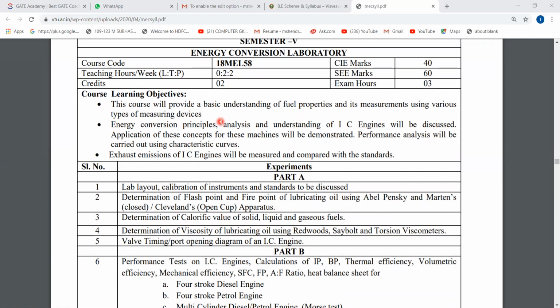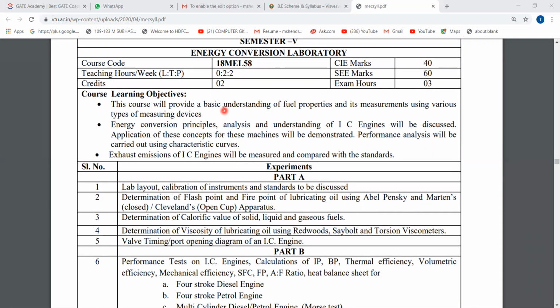Say for example, if I want to get the flash point and fire point, we have to use the open cup or closed cup measuring devices. Similarly, if I want to calculate the viscosity of a particular lubricating oil, then we have to go with the Redwood viscometer or Saybolt viscometer.